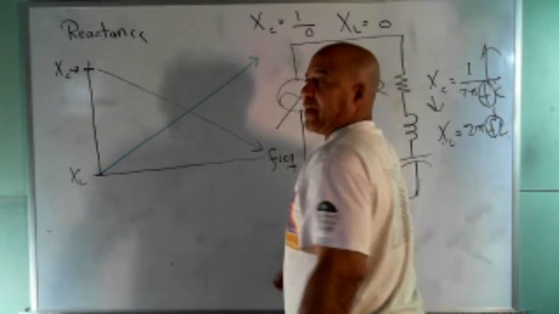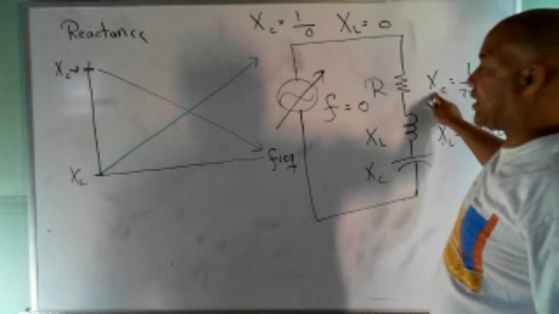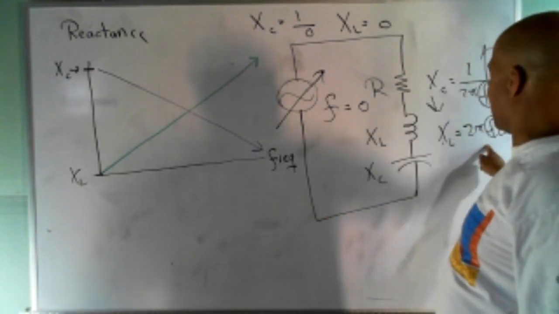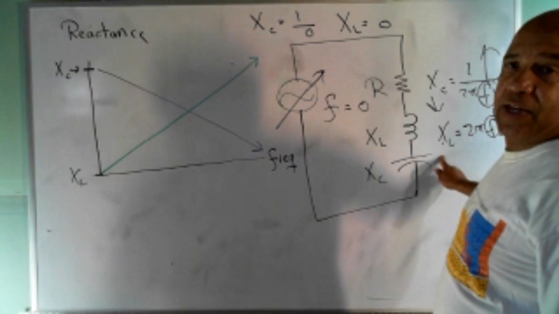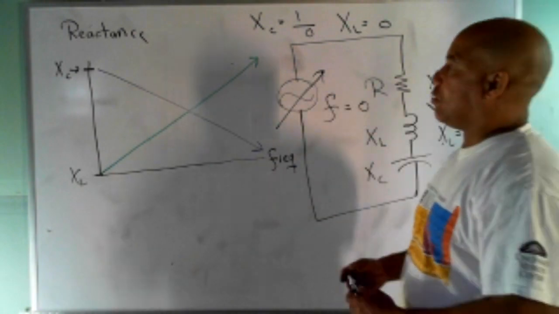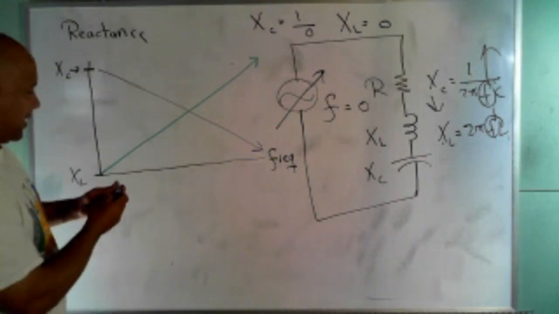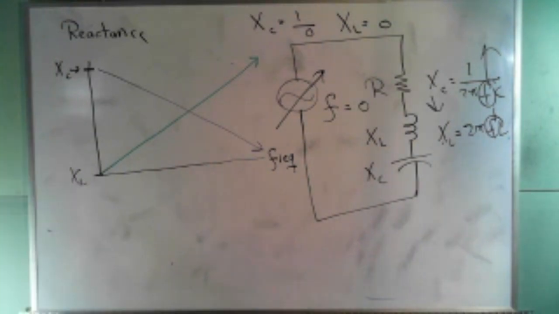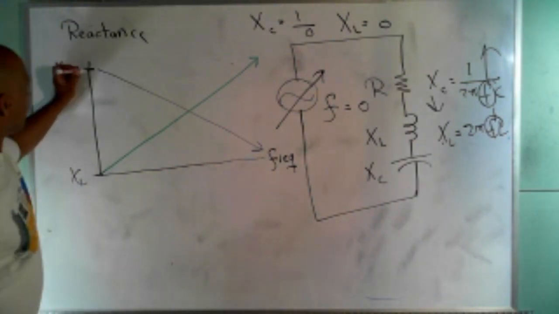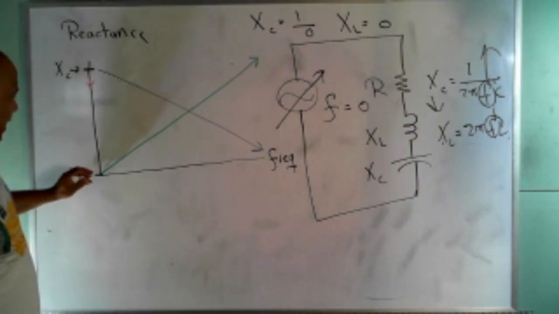You can see that just from the equations. As I sweep my knob across my frequencies, XC is moving this way, and XL is moving this way.